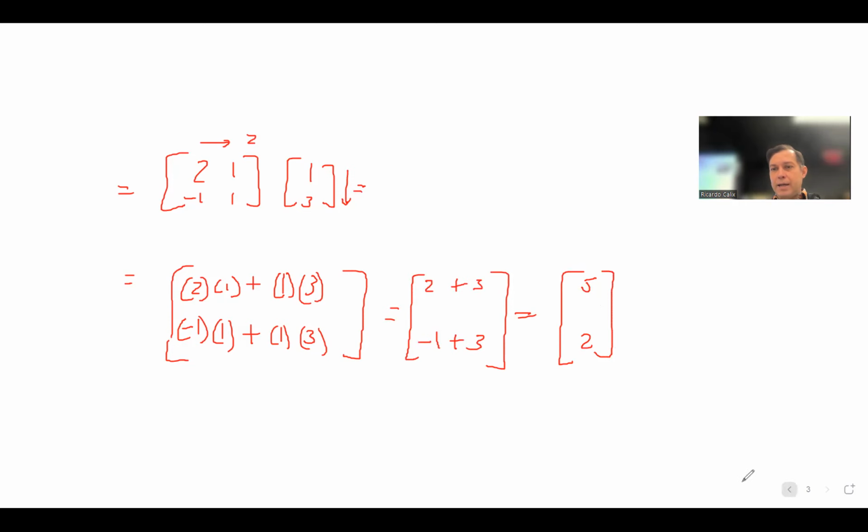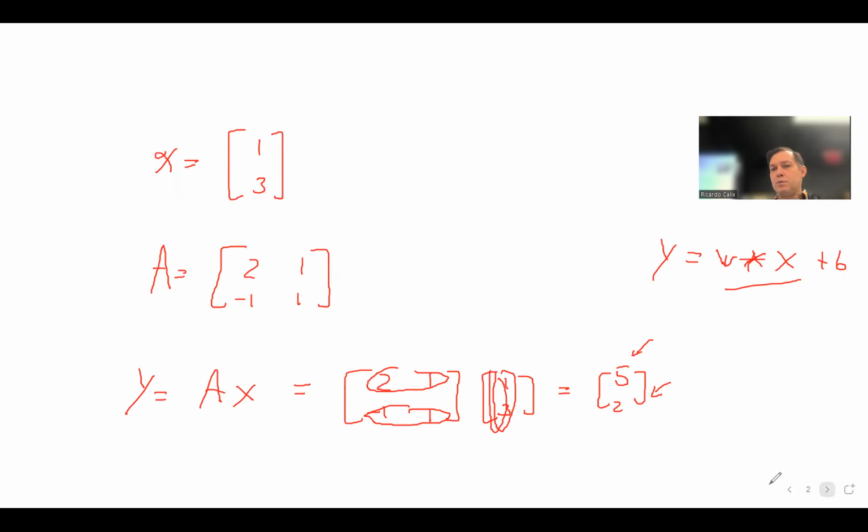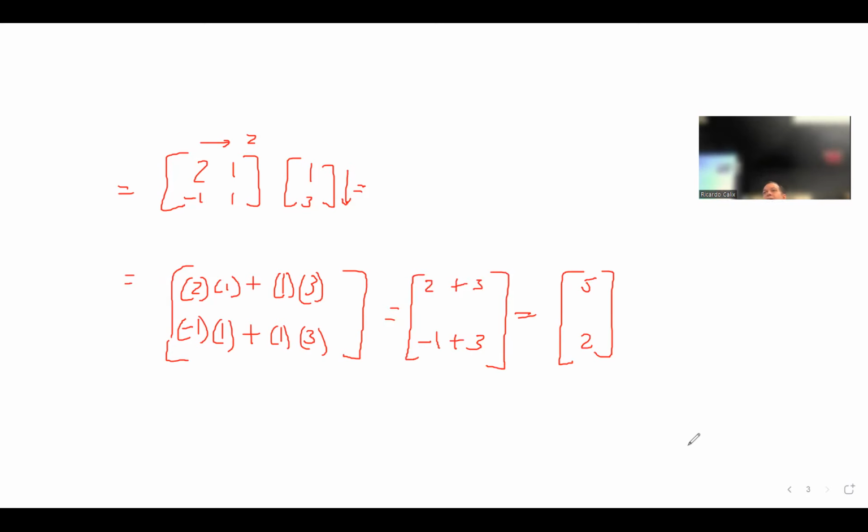If we look back, 5 and 2, 5 and 2. Do you see that? This is just an operation that exists, the mechanical operation. Whenever you see PyTorch matmul, that's it. That's what you're doing, okay? And that's what the GPU does very efficiently, okay?